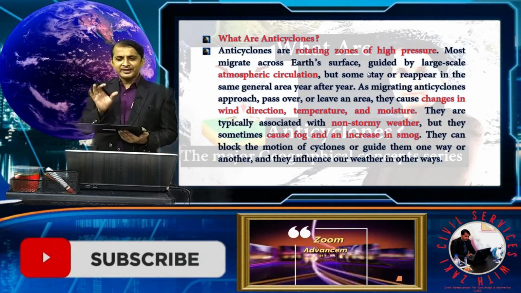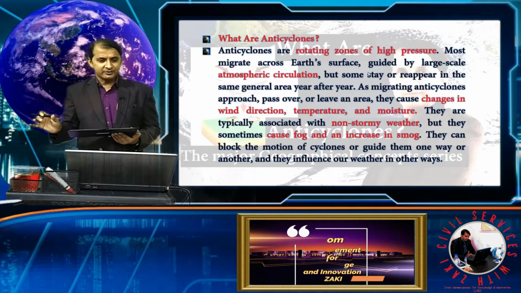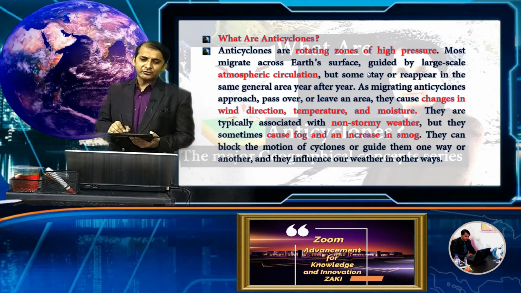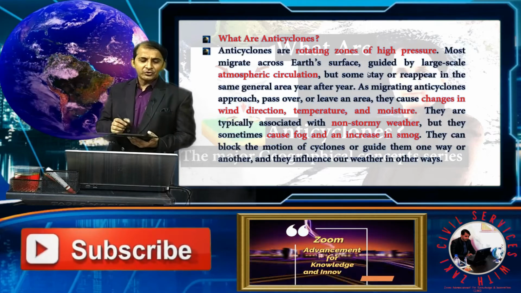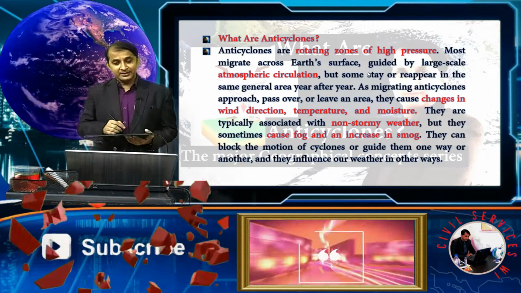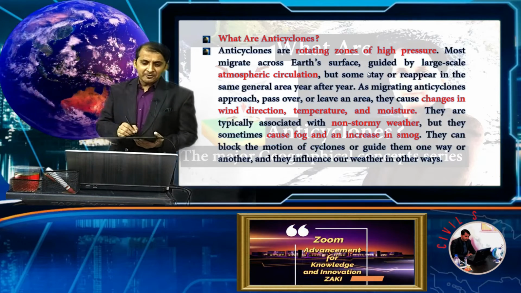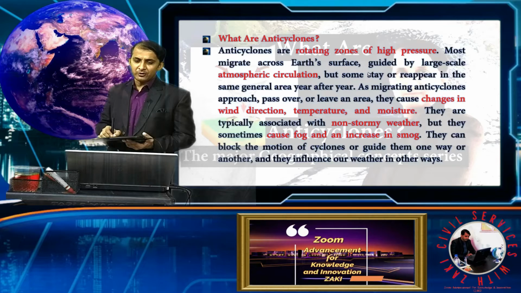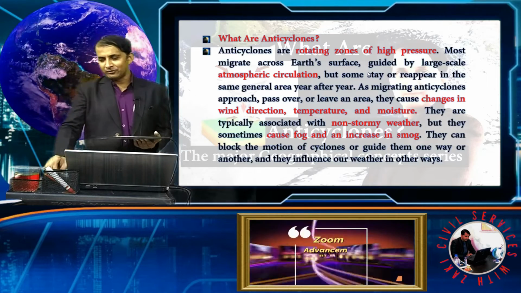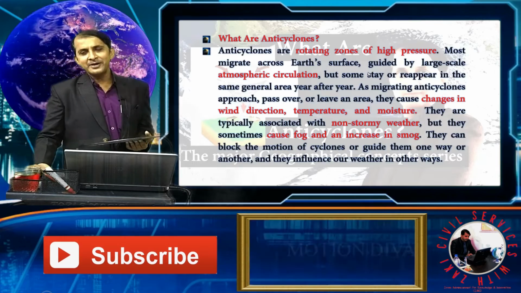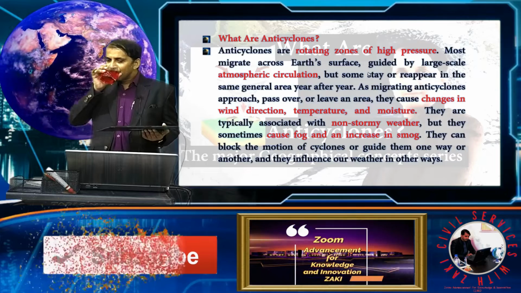Migrating anticyclones approach, pass over, and leave an area, and they cause changes in wind direction, temperature, moisture, etc. They are typically associated with non-stormy weather. As you know, a cyclone is related to stormy weather, but an anticyclone is just the opposite: non-stormy weather.